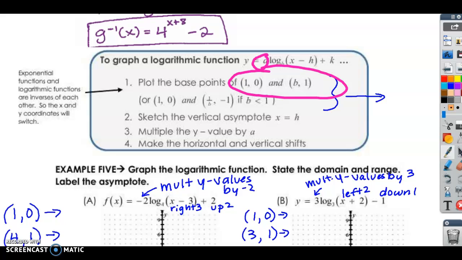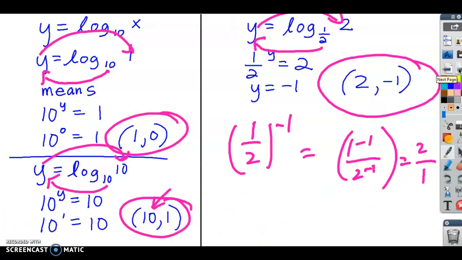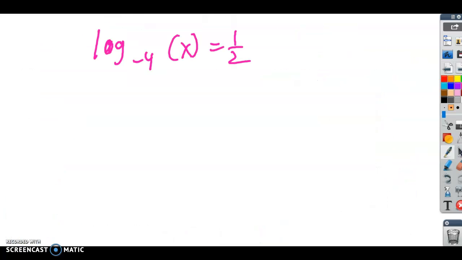So here's why you can't have a negative base. This is why b is less than 1, but it can't be negative. So if you had, okay, check out this negative base. I'm just making this stuff up. If I wrote this in exponential form, I would get negative 4 to the 1/2 power.